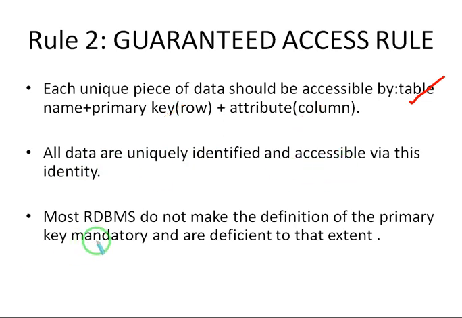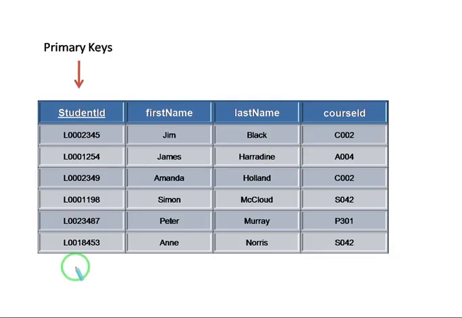Most RDBMS, that is relational database management systems, do not make the definition of the primary key mandatory and are deficient to that extent. So in some relations there is no primary key. No problem. You can access the data from table name or attribute name. Okay, so this is the structure again. See here, if I want the first name for this student ID, yes, I can access it.